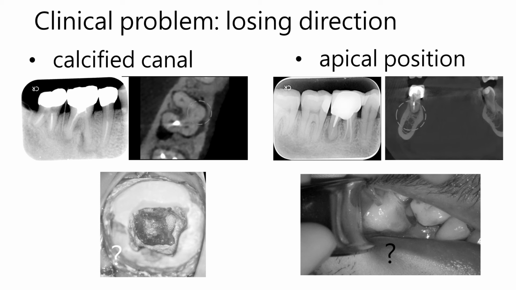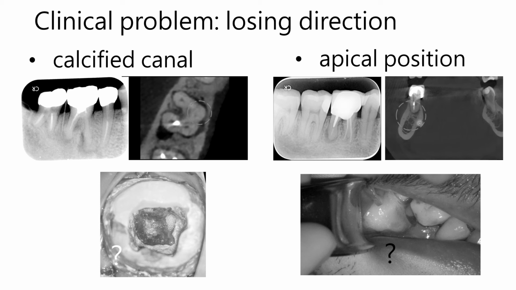So I've talked about the traditional and the modern, and now we go into digital technology and what we can do. For example, if you find a tooth with calcification, you cannot find the canal in the microscope. Or you have a distal root with a post that might not be easy to remove.